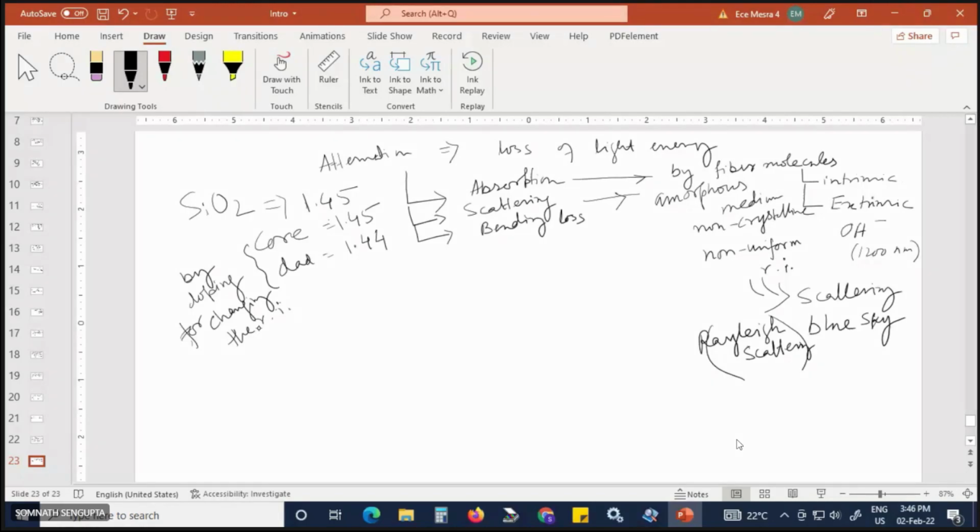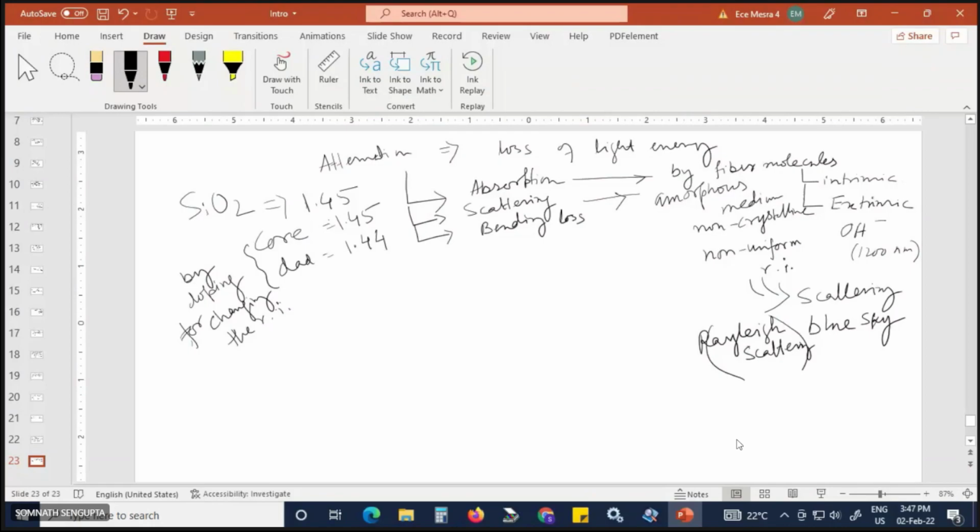So this varying refractive index across some region scatters a particular wavelength which is comparable, maybe lesser or maybe greater than the length over which the refractive index varies.